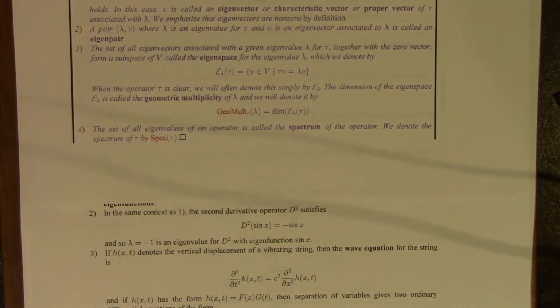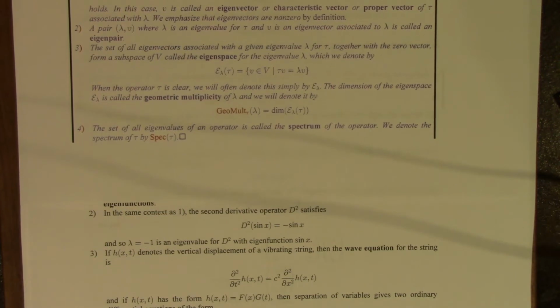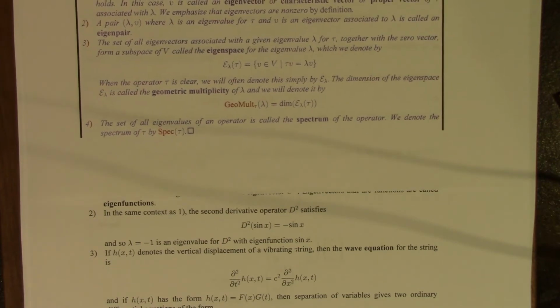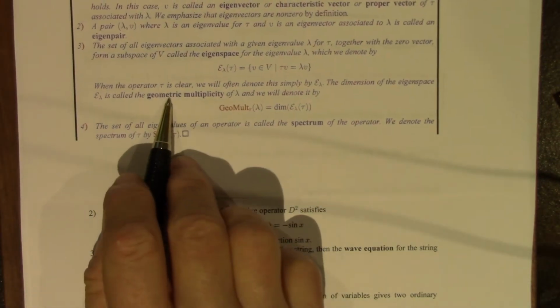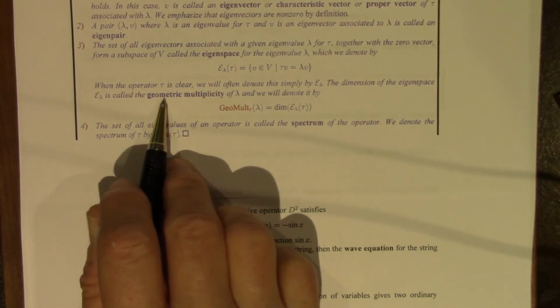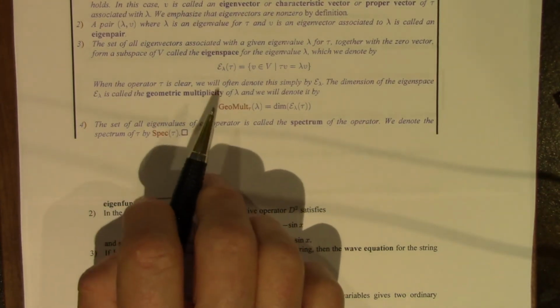Incidentally, there is another kind of multiplicity for eigenvalues called the algebraic multiplicity, and we'll discuss that later. So one needs to use the adjective geometric here, otherwise there would be confusion.